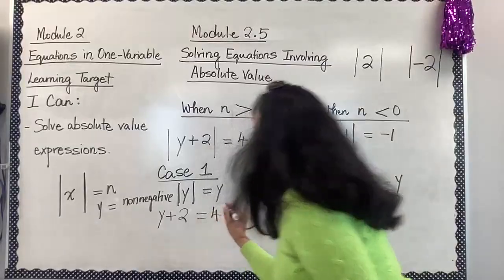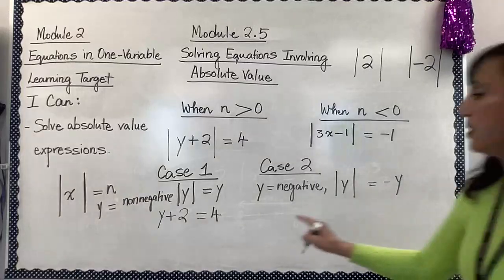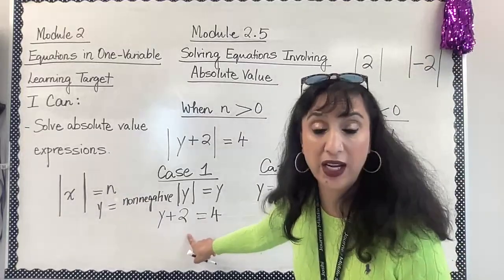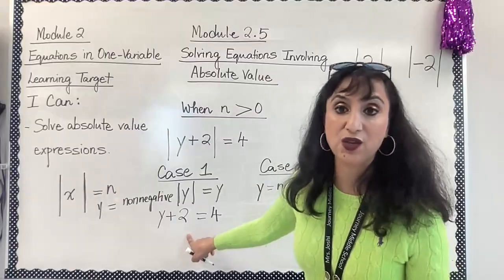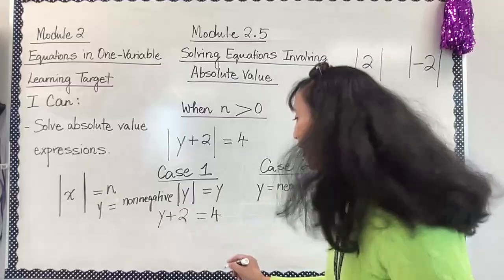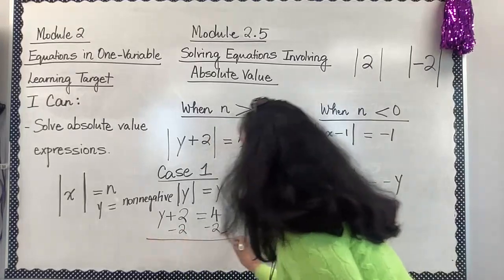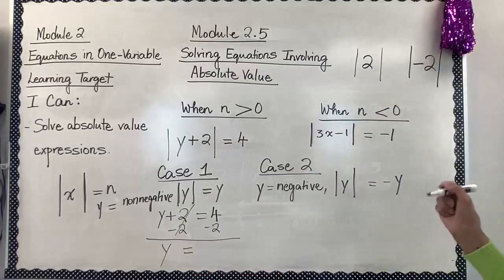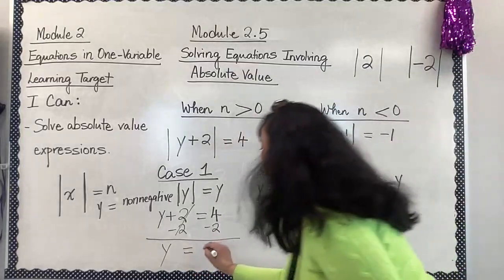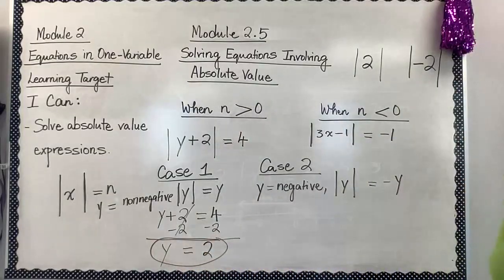Then I am going to use the subtraction property of equality and subtract 2 from both sides of the equation because I am trying to solve for y. So y is equal to 4 minus 2, which is 2. So when I simplify, this is case 1.